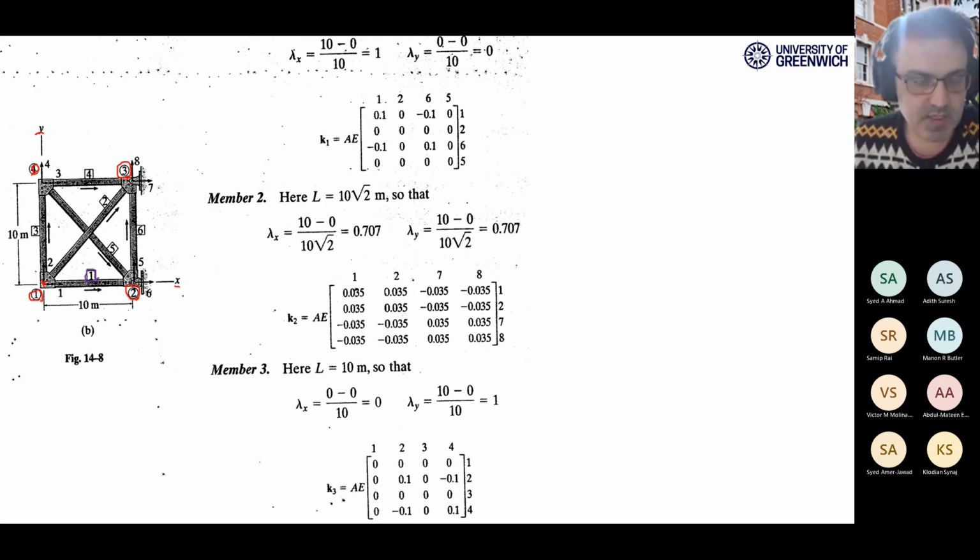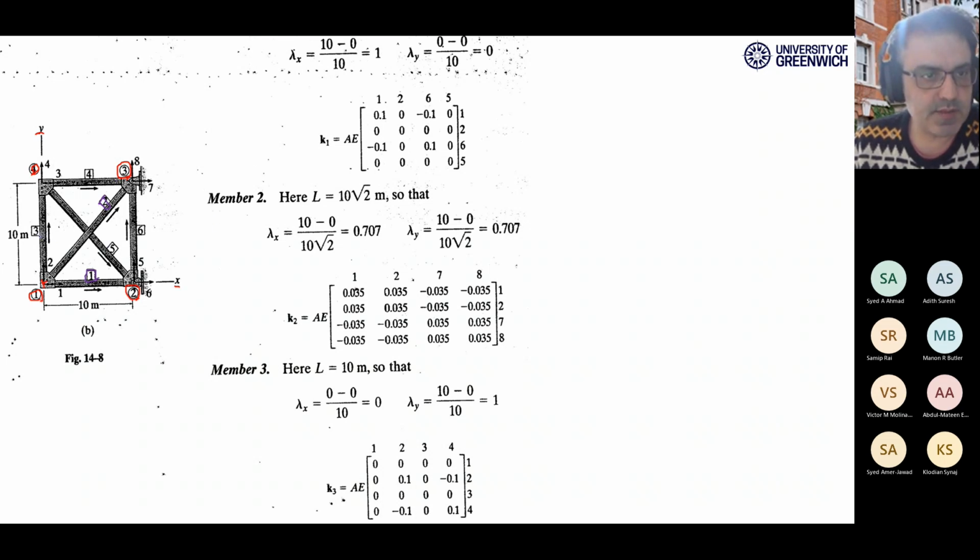For example, for element number 1, the near end is joint number 1 and the far end is joint number 2. For element number 2, it is arbitrary how to number them. It's up to you. For element number 2, the near end is joint number 1, and the far end is joint number 3.